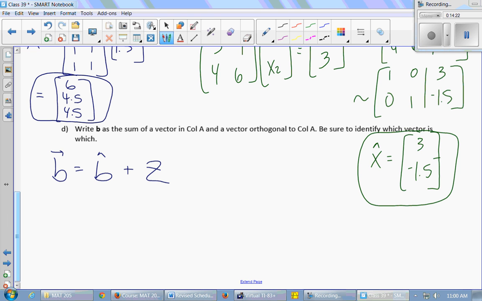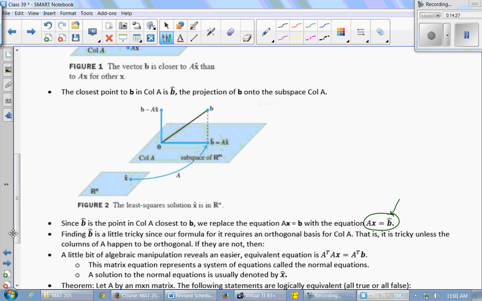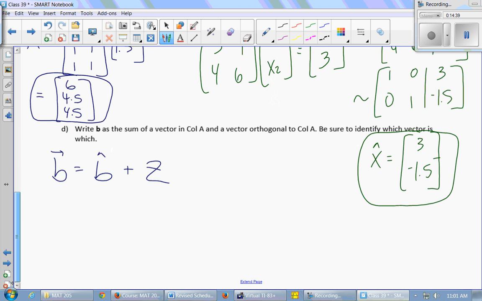And B hat, go back to my pictures up here. B hat is AX hat, right? Because AX hat is as close as you can get to B, but in the column space. So AX hat, I just calculated in the previous part of the question. So B hat is going to be AX hat.